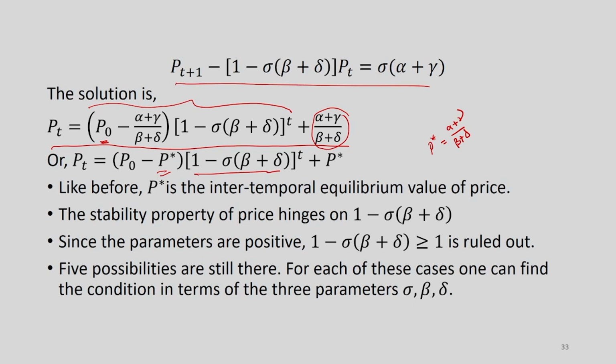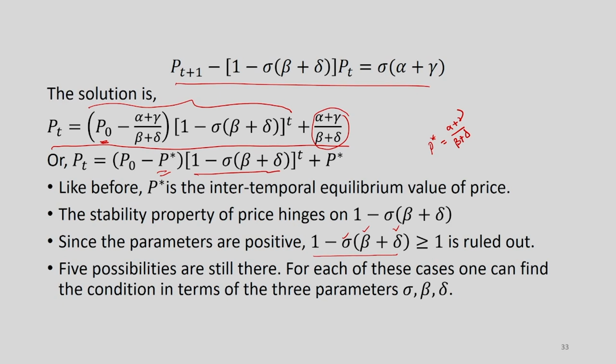However, we can get rid of 2 such values because we know sigma, beta, delta all are positive. Therefore, this possibility that this B is greater than or equal to 1 is ruled out, because all these parameters are positive. So, 1 minus these things cannot be greater than 1, all right.